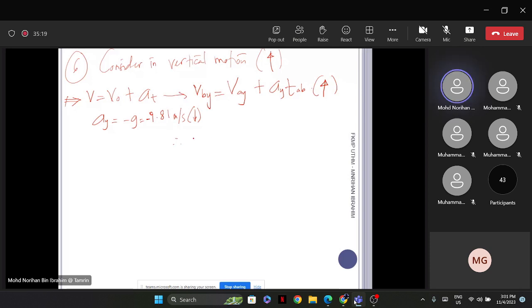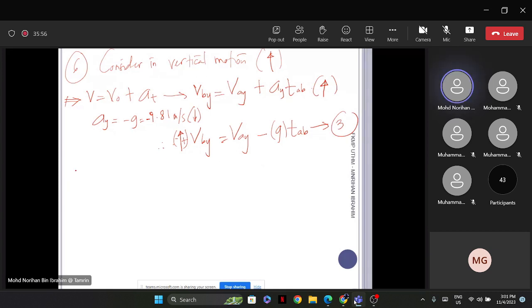And therefore, with our positive sign convention, we got vby is equal to vay minus g multiplied with tab. Okay. So in the previous one we got equations 1 and 2. Let's consider this one as the third equation.